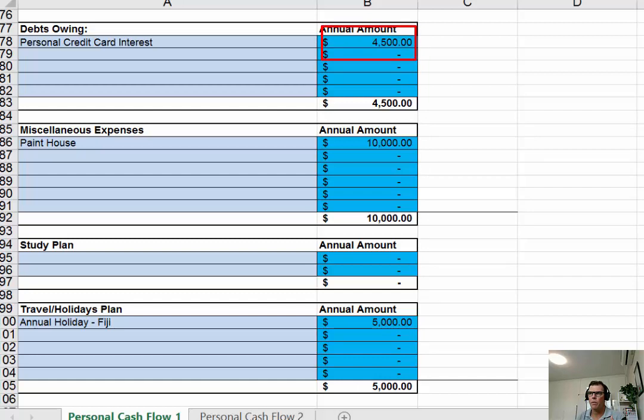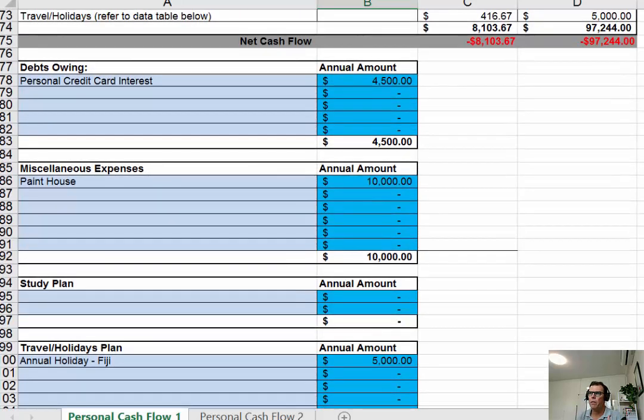We want to paint the house in the next 12 months, 10 grand. We're going to go on an annual holiday to Fiji, 5 grand. So add in any other extraordinary items that aren't really weekly or monthly, but are big lump sums we need to account for during the next 12 months.